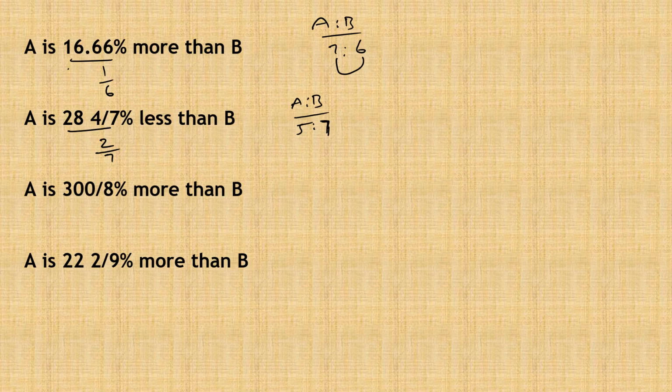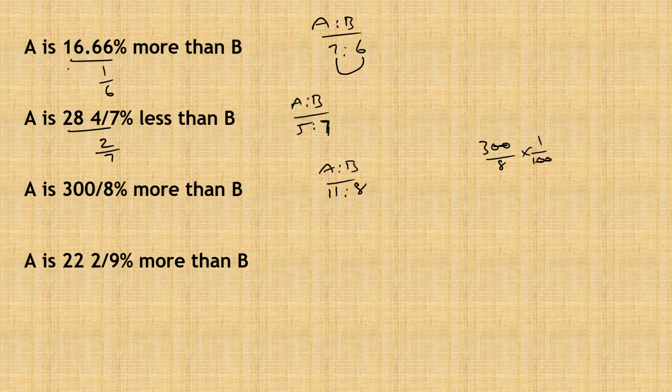A is 300 by 8% more than B. 300 by 8% denotes 3 by 8. What I have said, percentage denotes 1 by 100. 3 by 8 is the ratio. B is 8, the compared number is B, and A is 3 by 8 more, that means 8 plus 3, 11.